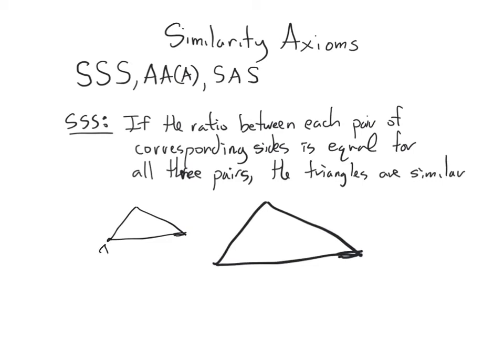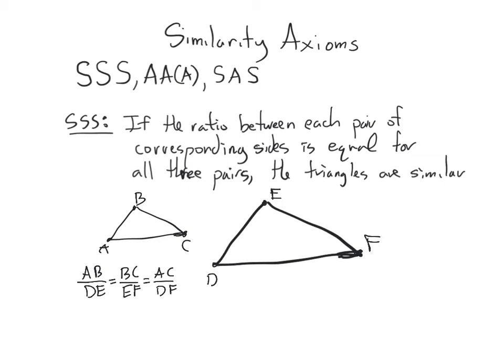So let's say I know the following things. Call this A, B, C, D, E, F. Let's say I have no angle information, but I know that the ratio AB over DE is the same ratio as BC over EF. Like if I do that calculation, I get the same number in both cases. And it's the same as AC over DF.